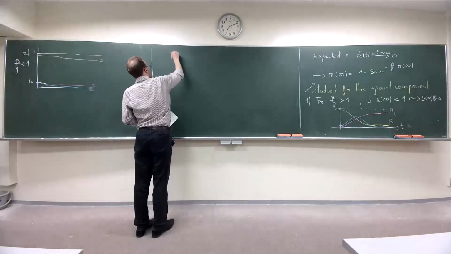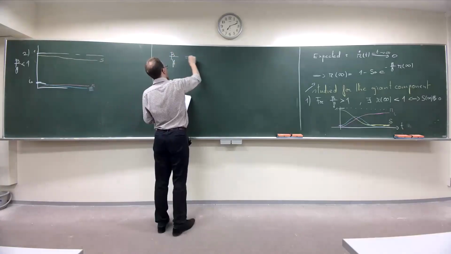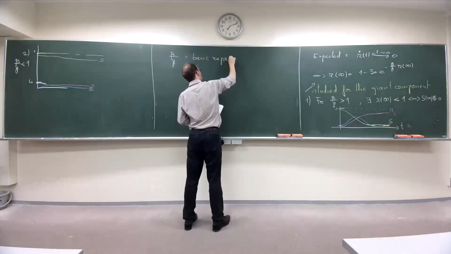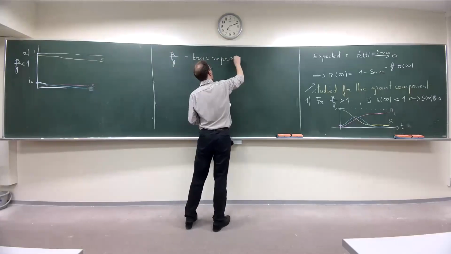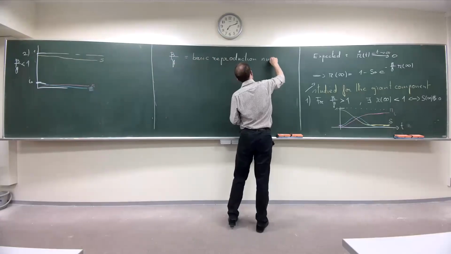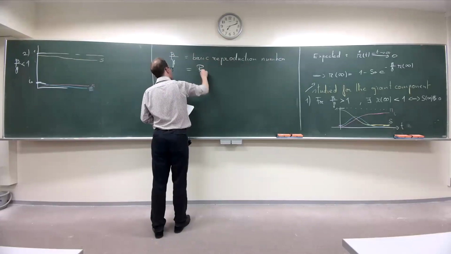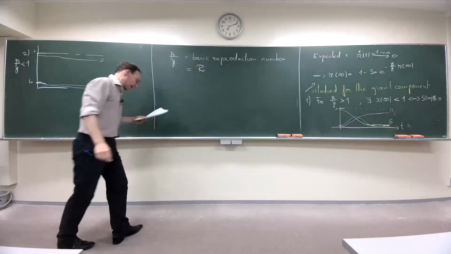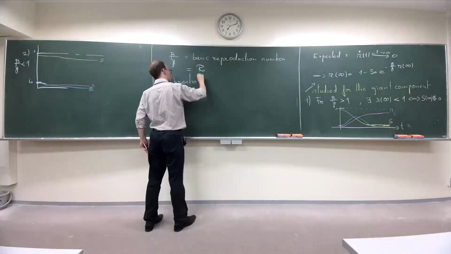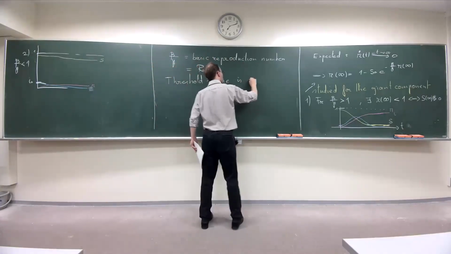So the coefficient beta over gamma is called the basic reproduction number. You have probably heard about this reproduction number. It's often denoted by R0. And we know that the threshold value is 1.